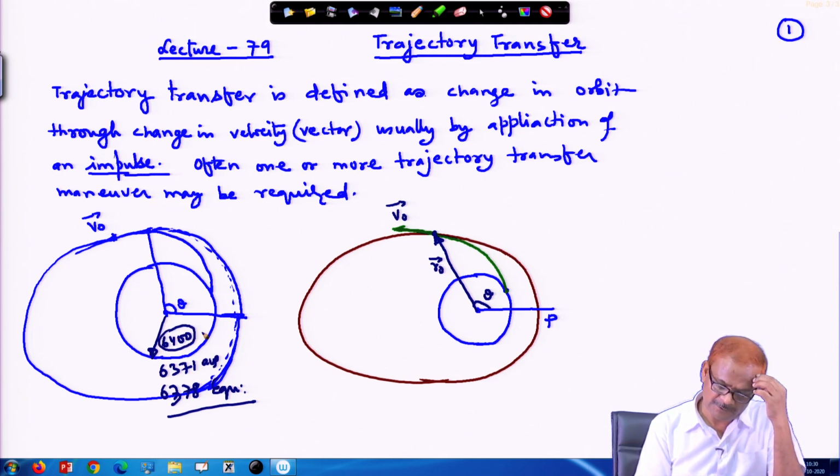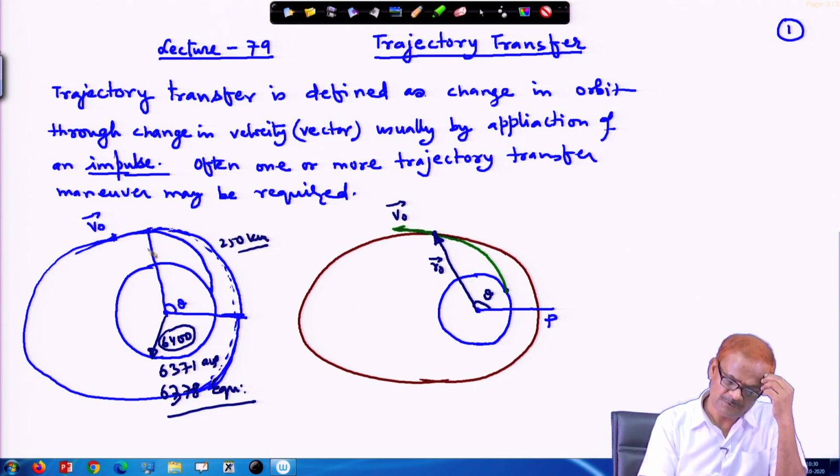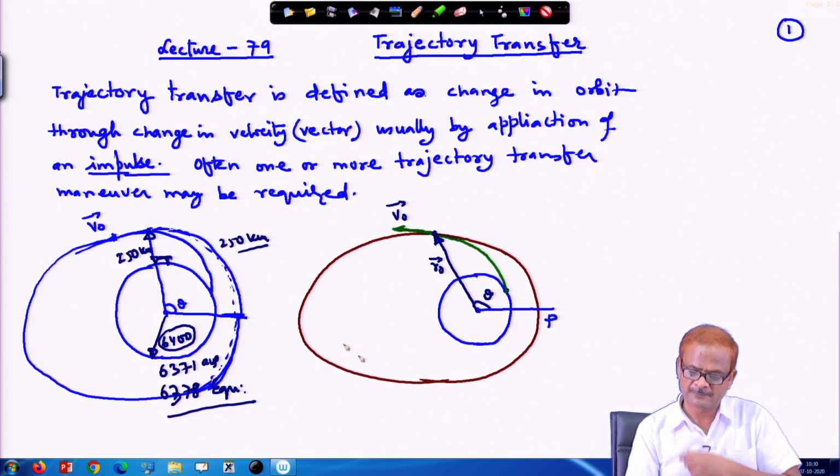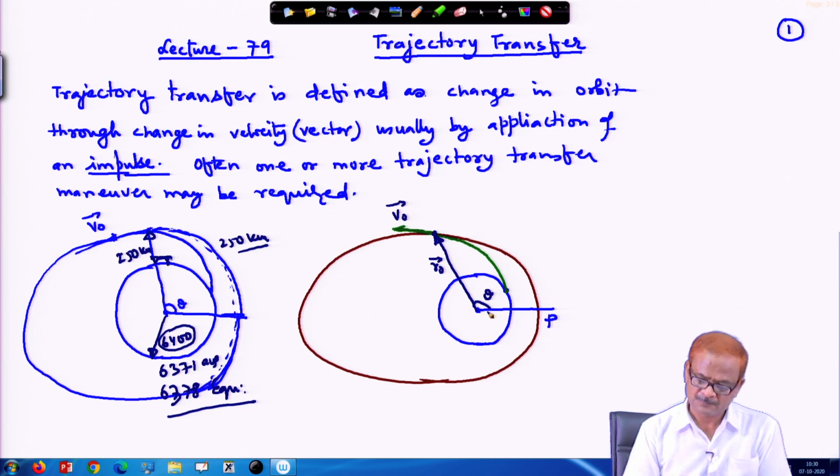If you are launching the satellite at an altitude of 250 kilometers, this distance from here to here is 250 kilometers. On the scale it will be very close to the surface, but for clarity I have expanded it. This is the earth.